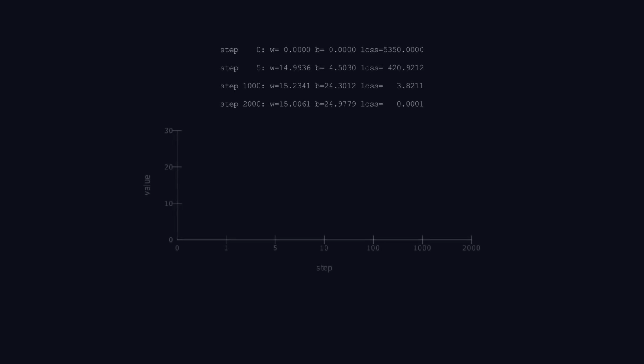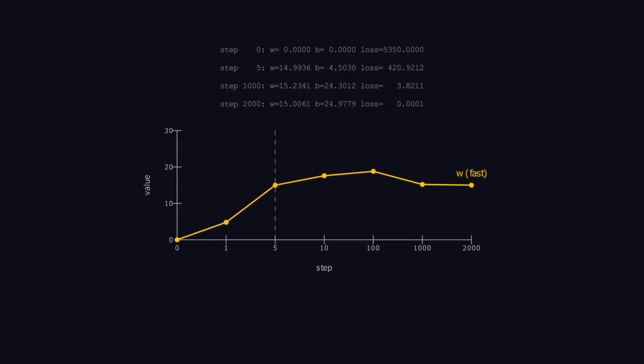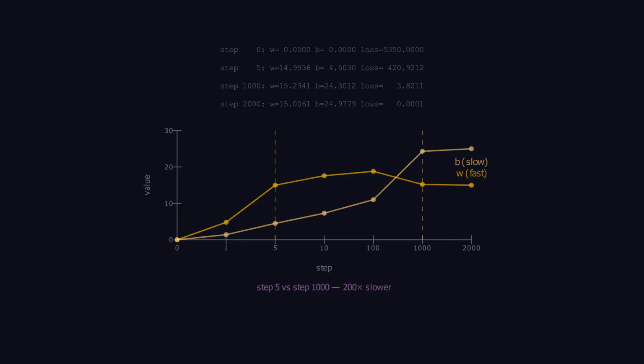SGD found the line as the trace showed, but look at how unevenly it got there. W reached 15 by step 5, actually overshooting to nearly 19 before settling back. B was still at 4.5 at step 5 and only reached 25 around step 1000. Both parameters use the same eta, but the slope with respect to W gets multiplied by x, which ranges from 1 to 5.